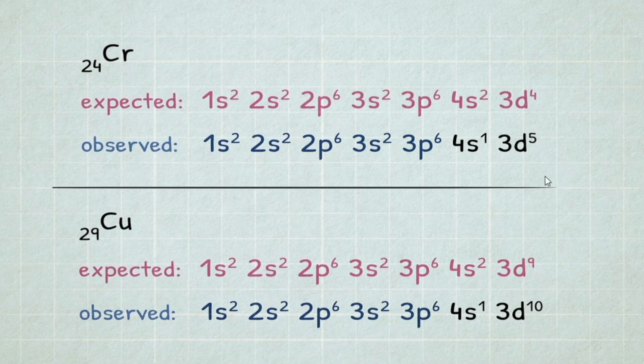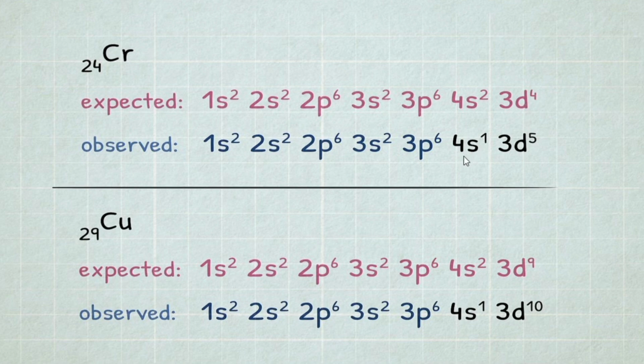So you have to give 5 electrons to the d orbital, then the remaining one you give to the 4s. It is not that you give 2 first to the 4s before giving the remaining 4 to the 3d, which is the expected configuration. But that one is wrong for chromium.